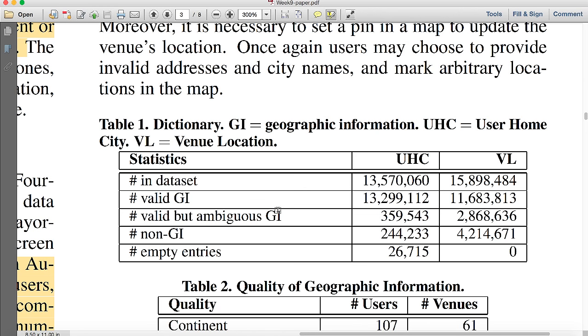That's what happened between number in the data set and valid GI. Valid but ambiguous means it is valid, but we are not able to figure out the exact location. Reverse lookup and find out the location. That falls into the third row. Non-geographic information and empty entries.